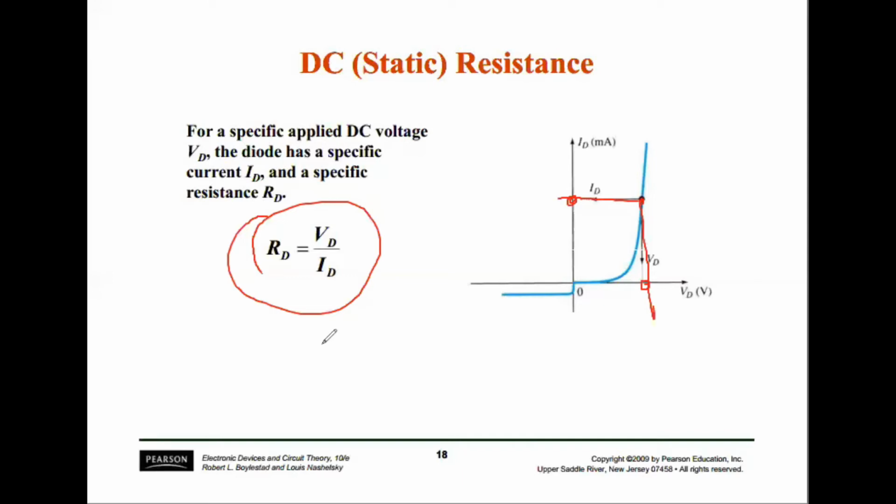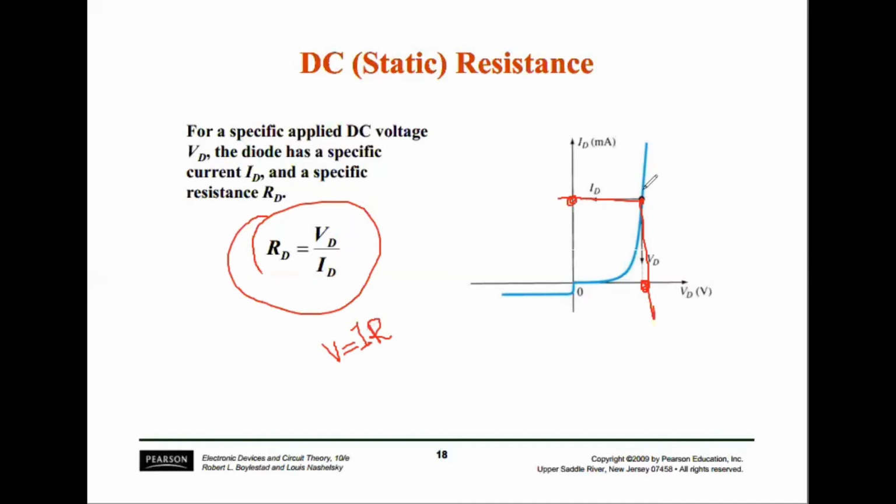Again, you know the formula: V is equal to IR. This is Ohm's law, which we discussed in week 5. If any two of these quantities are known, you can easily find the third one. Here you know the voltage and the current, so you can easily find the static resistance.